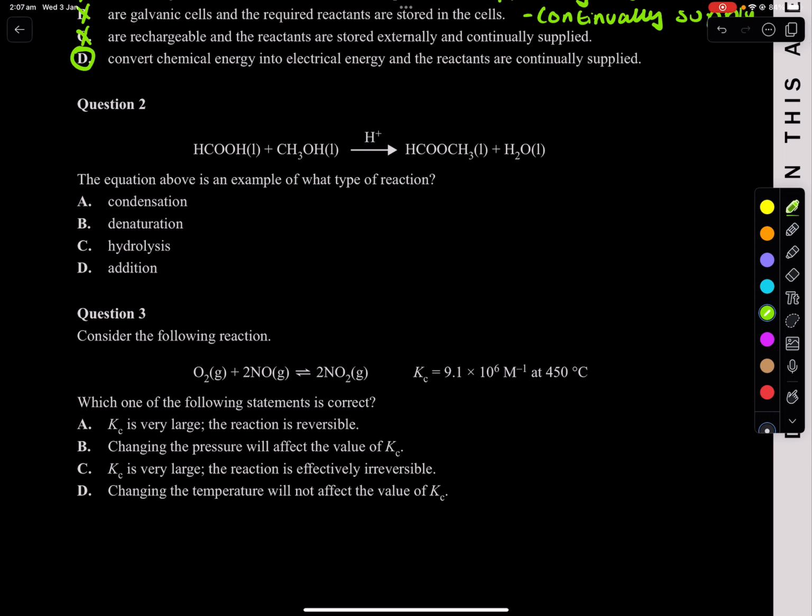So we have this equation. The equation above is an example of what type of reaction. Well, what can we see? We can see this carboxylic acid. So let's draw it. So we have a C here, goes like this. Carboxylic acid, plus an alcohol, so OH.